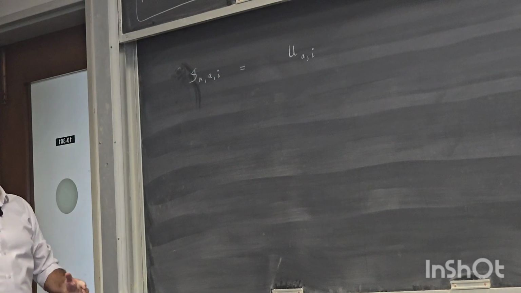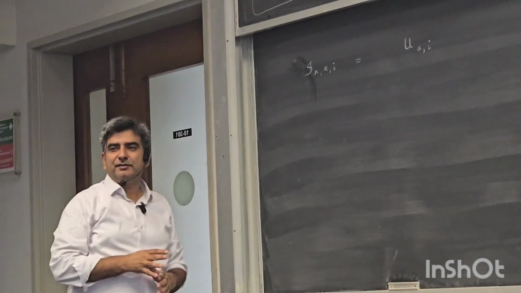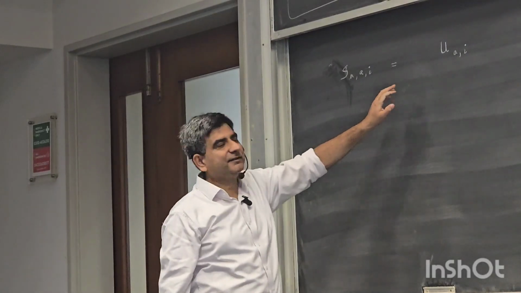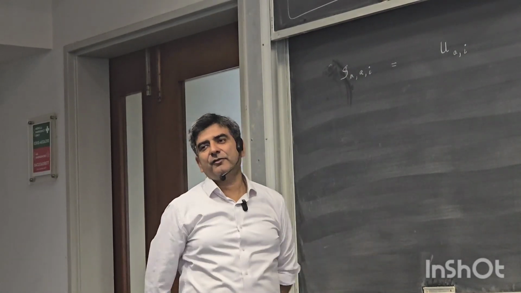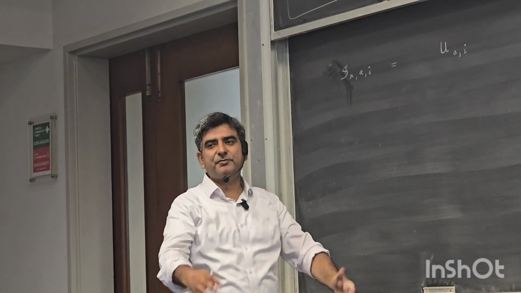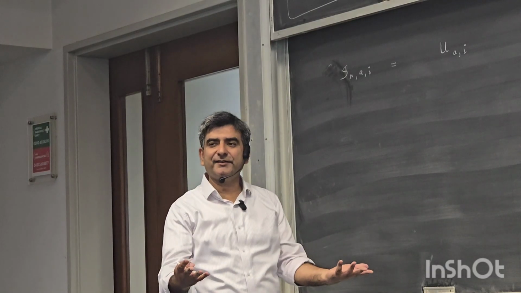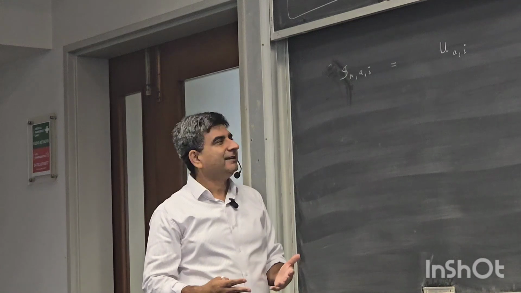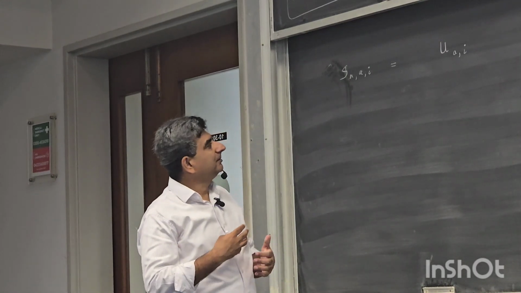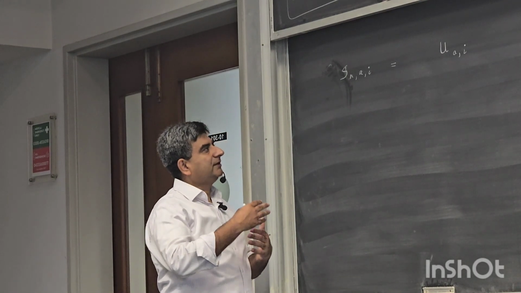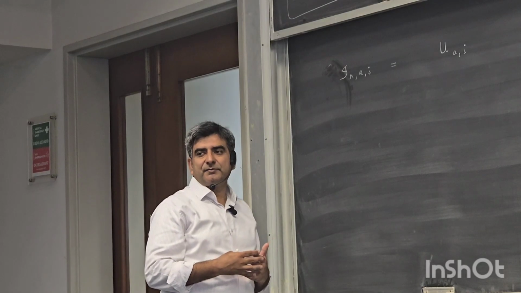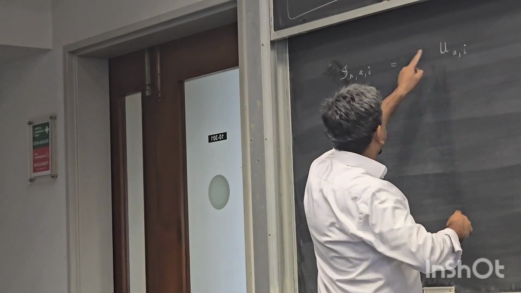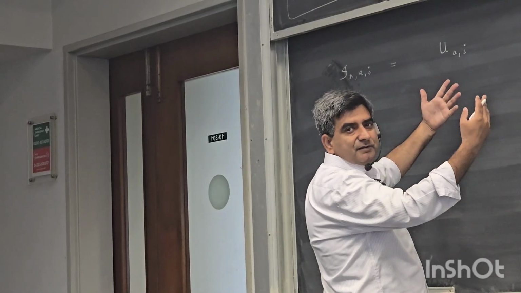Now since all the lattice points are totally equivalent, I can drop the index n. This amplitude will be independent of the index n because all the lattice points are just the same. No matter what n is, since it is by definition a lattice, therefore the displacement of any lattice point is going to be the same. So this is u_ai into some phase.